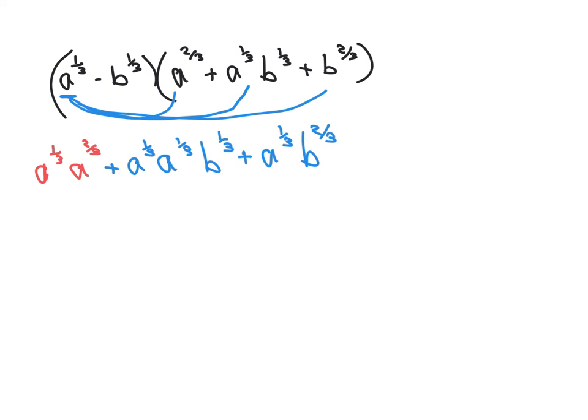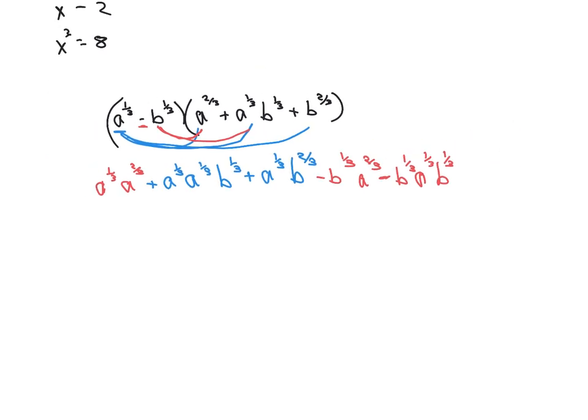Now let's do it in red. So it'd be negative b to the 1/3, a to the 2/3, and this one. Oops, that would be a minus. That minus b is going to make everything negative, isn't it? b to the 1/3, a to the 1/3, b to the 1/3.